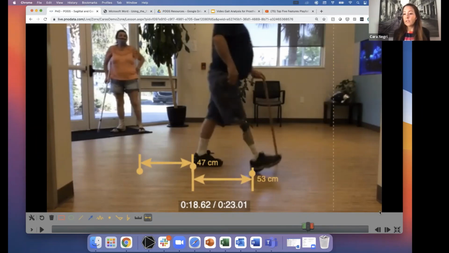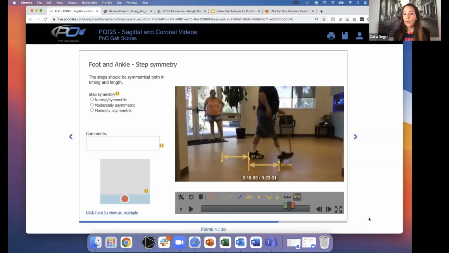So this is a screenshot that I'll show him to say, okay, you're taking a really long prosthetic side step, and then you're taking a very short sound side step. And that's usually because he doesn't feel safe or confident in his prosthesis. And also he definitely doesn't feel confident in the socket.